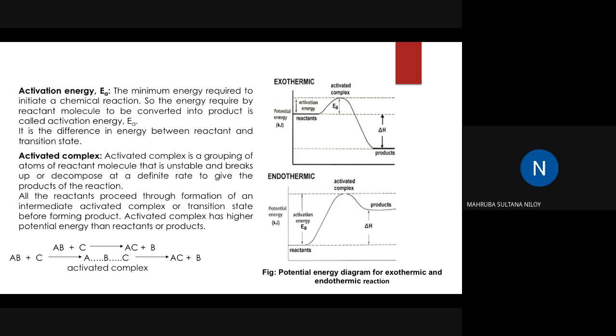Okay. So in a chemical reaction, before it starts, the bonds between the reactants need to be broken down, right? For example, here you can see that there is a bond between A and B, right?